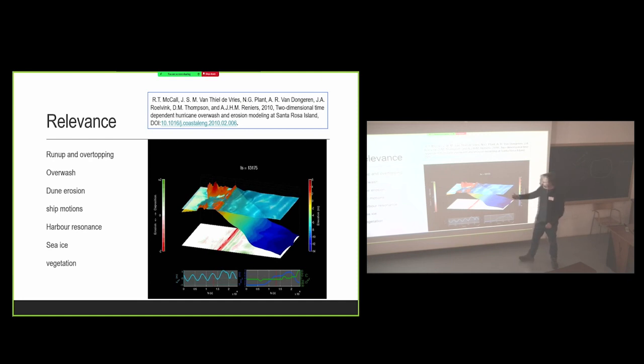So now, the water just passes over. And you have full overwash and inundation. Infragravity waves are also important for ship motions, harbor resonance, sea ice, as we've seen, and also vegetation.